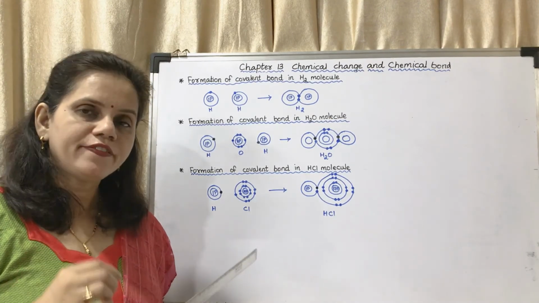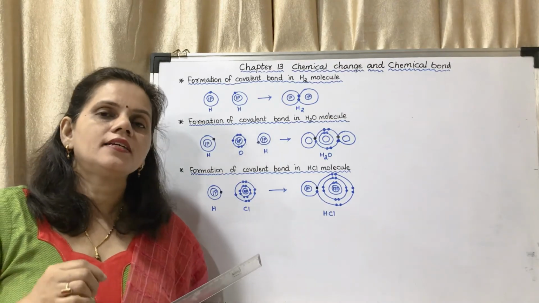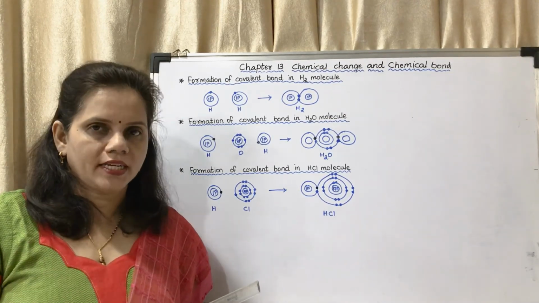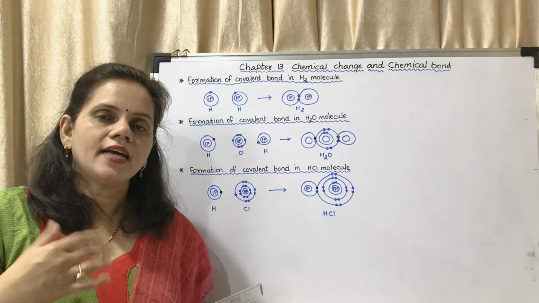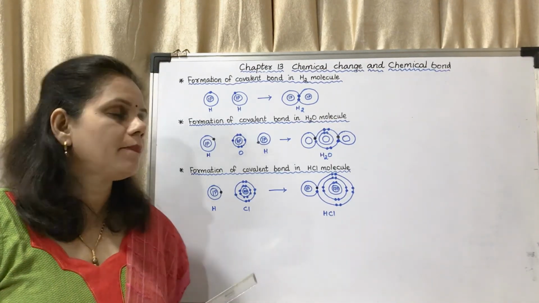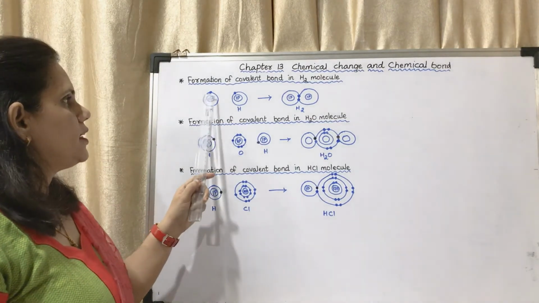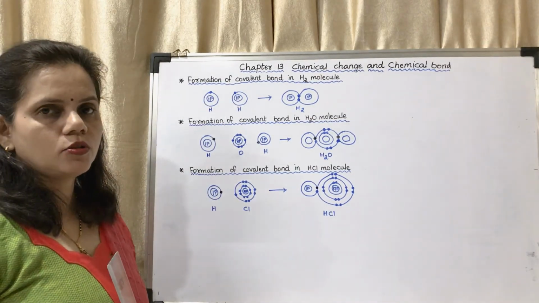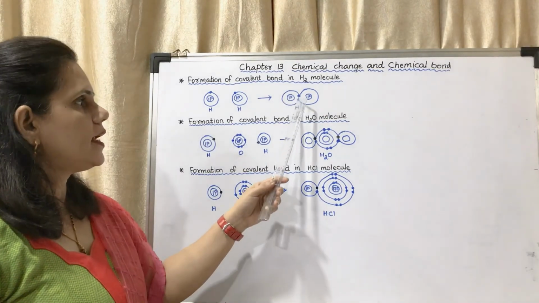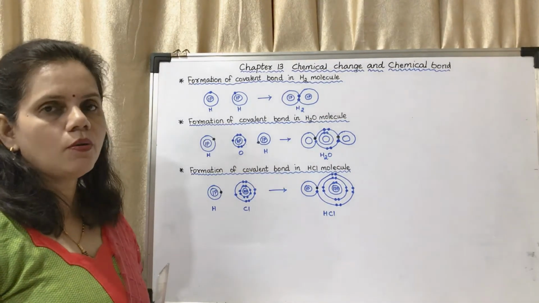That means if it is K shell, then the element will try to gain 2 electrons. If it is L shell, then it will try to get 8 electrons. So here hydrogen has 1 electron in its outermost shell, so 2 hydrogen atoms will share their electrons to form H2 molecule.